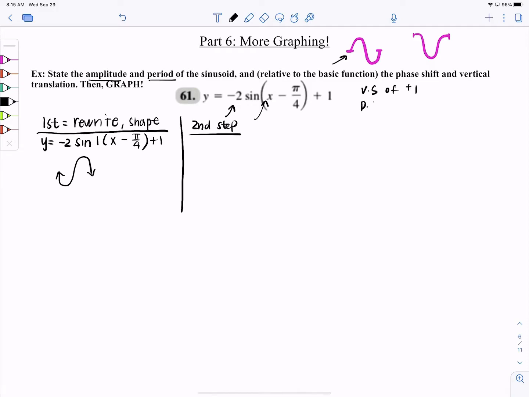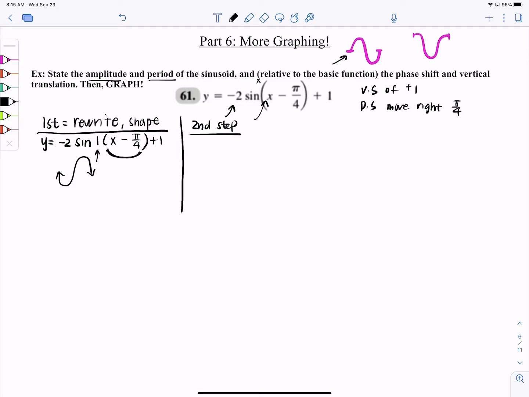How about a phase shift? Phase shift is how much it transformed here, not so much here, okay? When you took out the B, when you pulled it out or factored it out, what do you have here? So it moved to the right. Oh, sorry, spelling check. I was going to write RT, but moved right pi over 4.